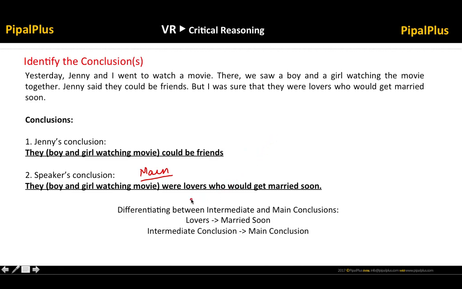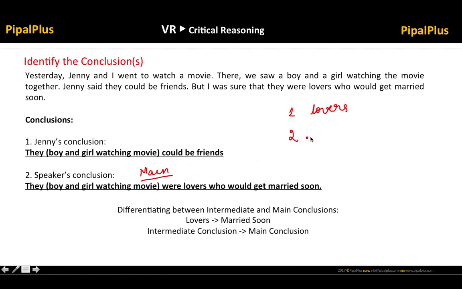Now between these two sub conclusions, how do you identify which one is the intermediate conclusion and which one is the real main conclusion? It's very straightforward. If one conclusion leads to the other, then the first conclusion is the intermediate conclusion. Look at this. The first conclusion says they are lovers.